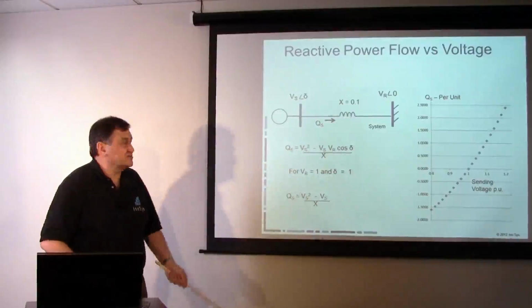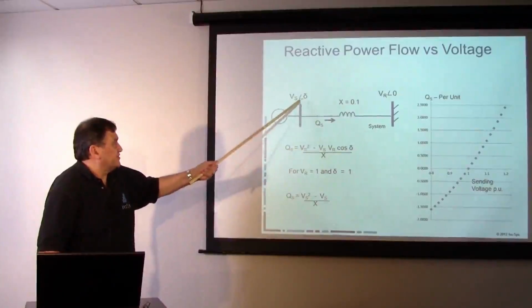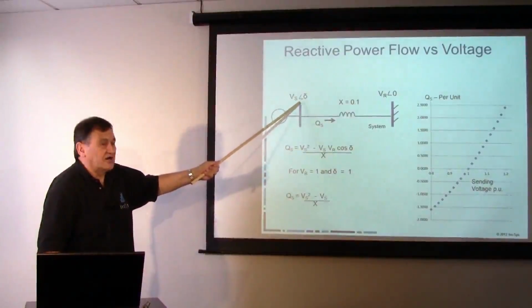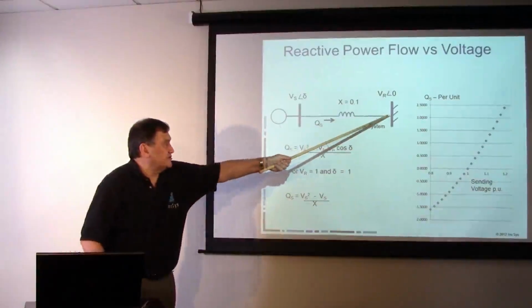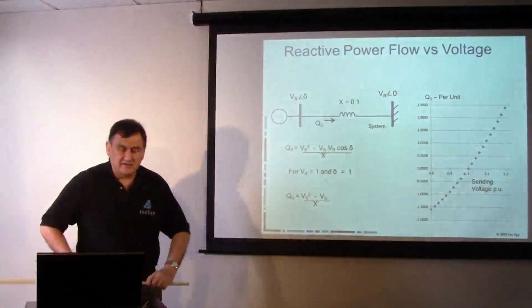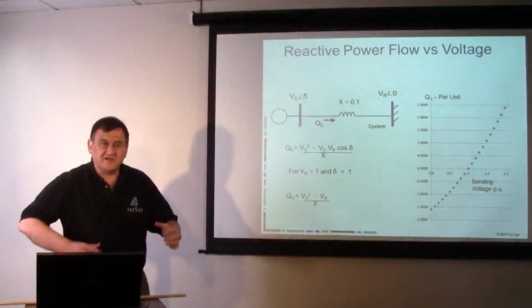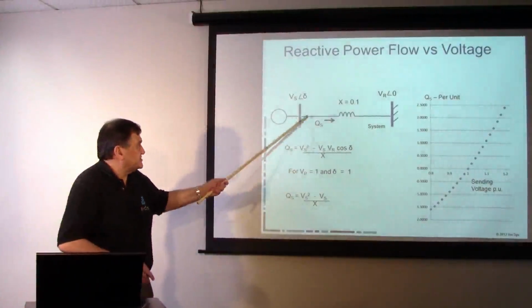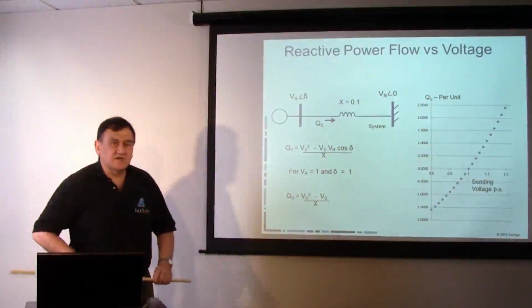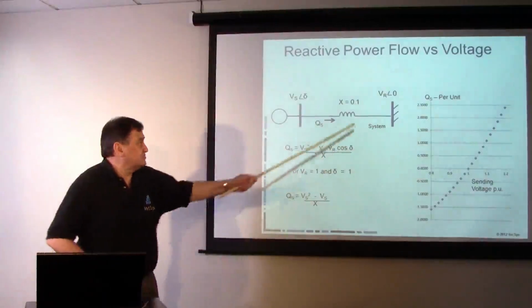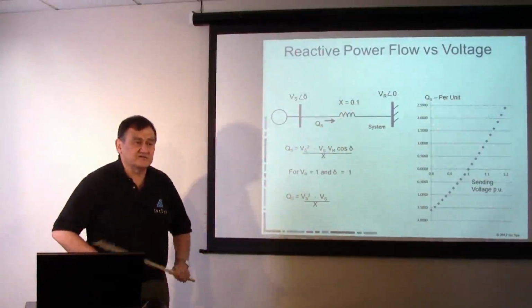And then as you have heavier loads, then this becomes an absorber of megavars. So you may have a positive voltage here. This may be 5% over nominal. This may be at nominal. But as you load up that line, the megavar effect of flowing from this end to this end becomes overcome by the fact that this becomes a huge consumer of megavars.